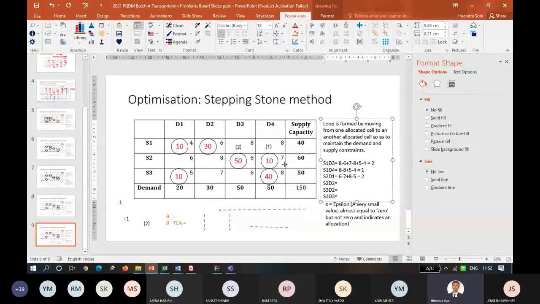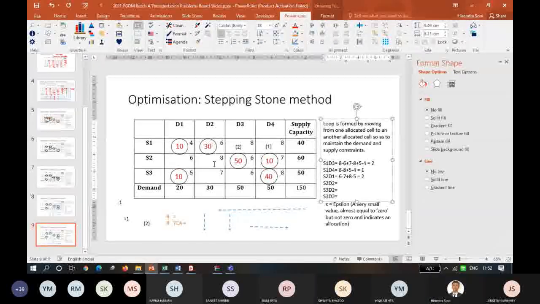That means S2D2 to S2D4. From S2D4 to S3D4. From S3D4, S3D1. From S3D1, S1D1. Then S1D2 and back. Correct?